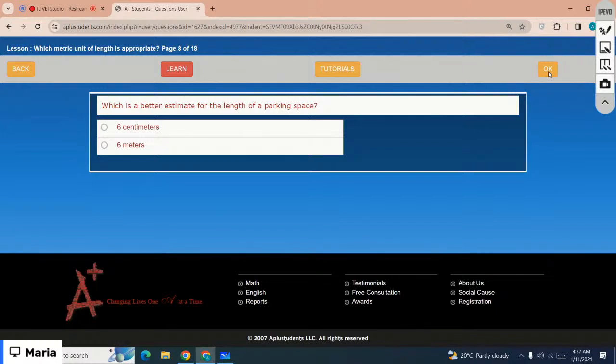Which is a better estimate for the length of a parking space? 6 centimeters or 6 meters? Which is the correct option?